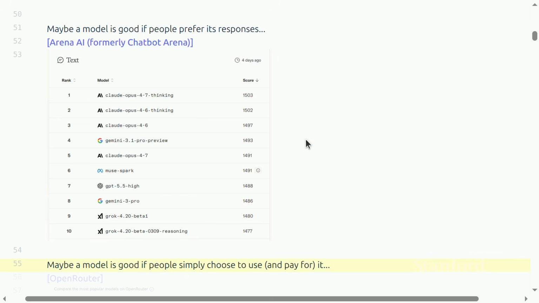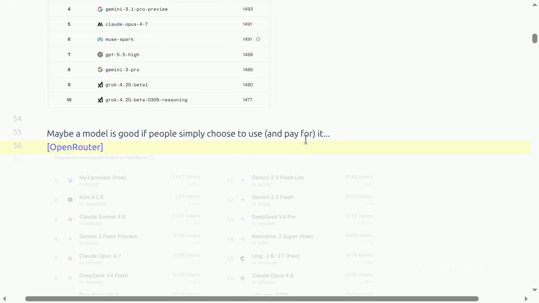Or maybe a model is good if people simply choose to use it and therefore pay for it. OpenRouter is a server that allows one to use multiple different models through a central endpoint.